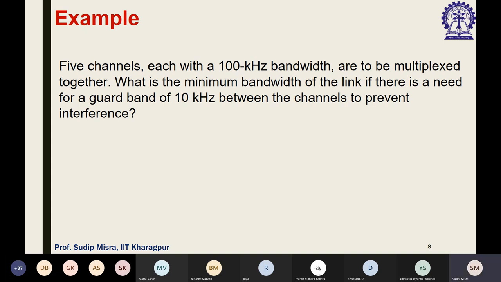So let me give you half a minute. Simple arithmetic, many of you can do it mentally. Very simple problem, and we have very little time left, so please work on it and give me the answer. The question is what is the minimum bandwidth of the link if there is a need for a guard band of 10 kilohertz?